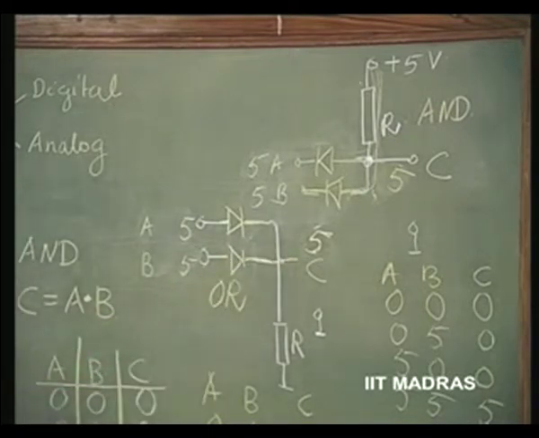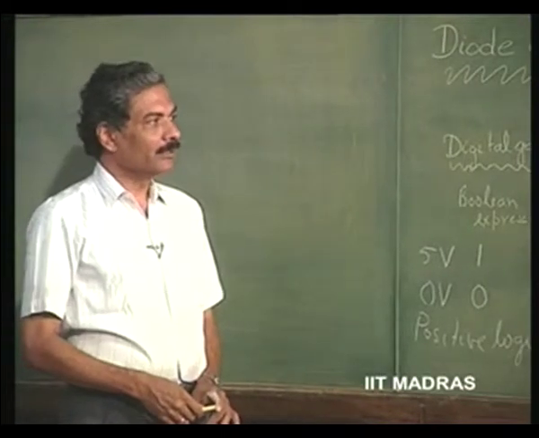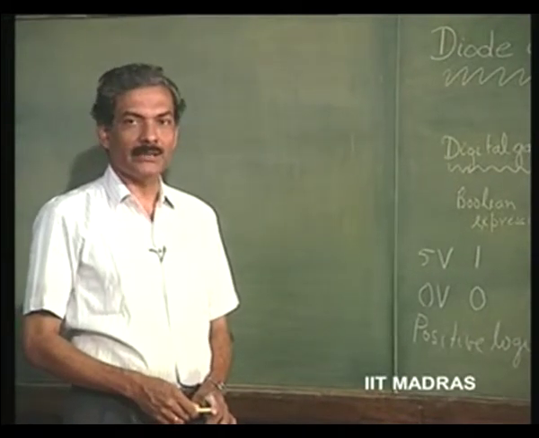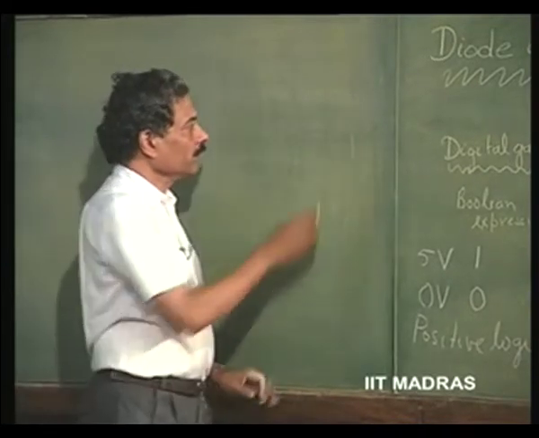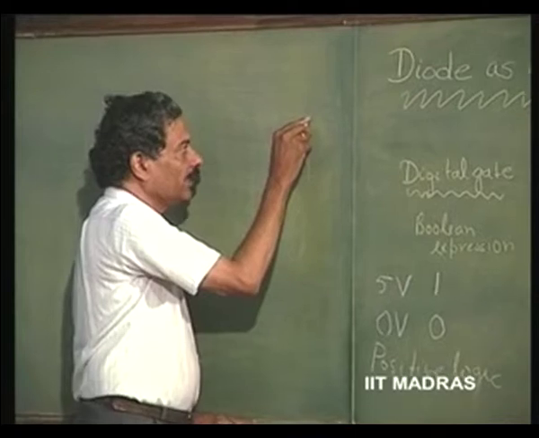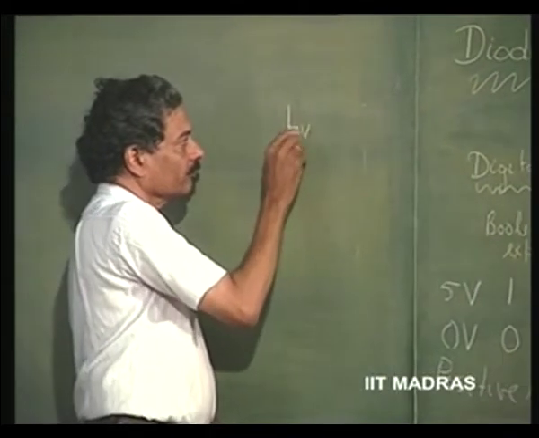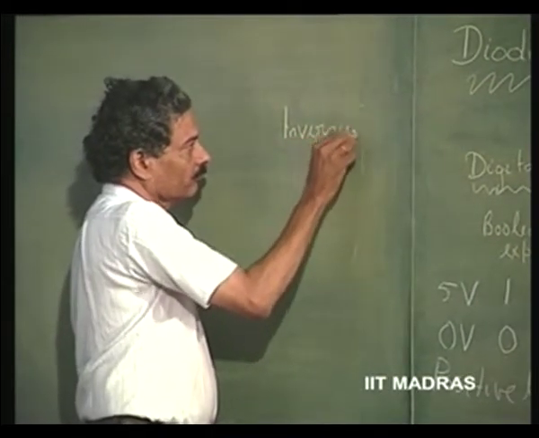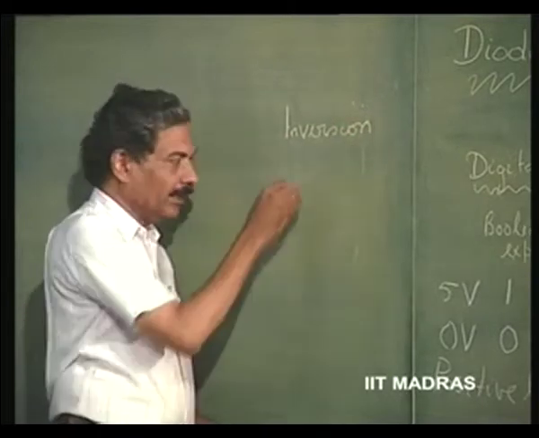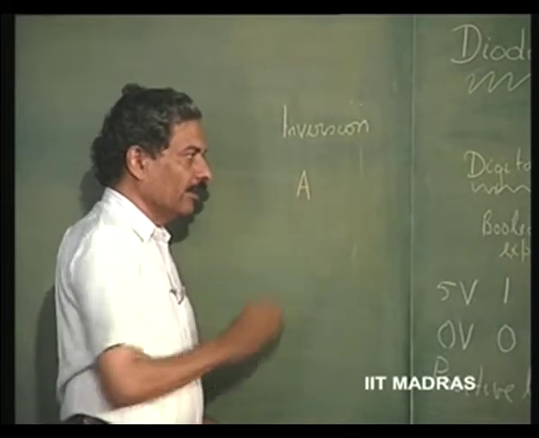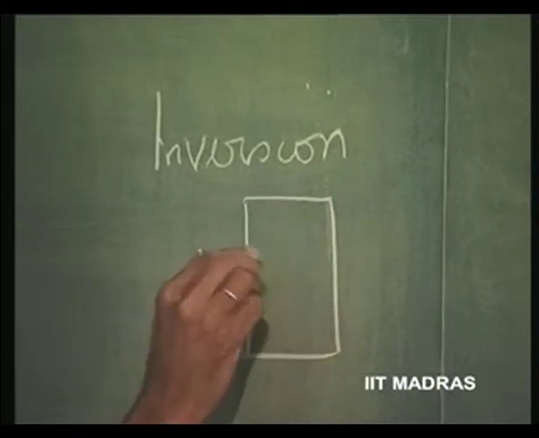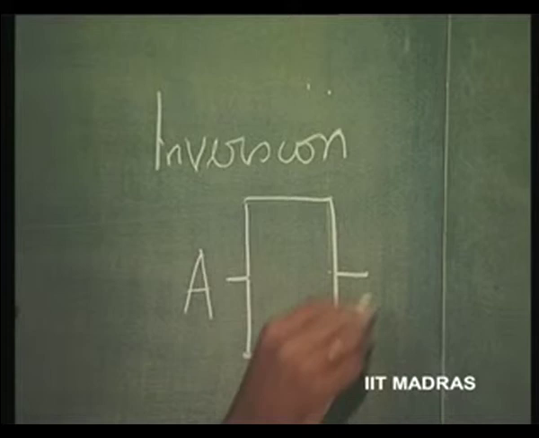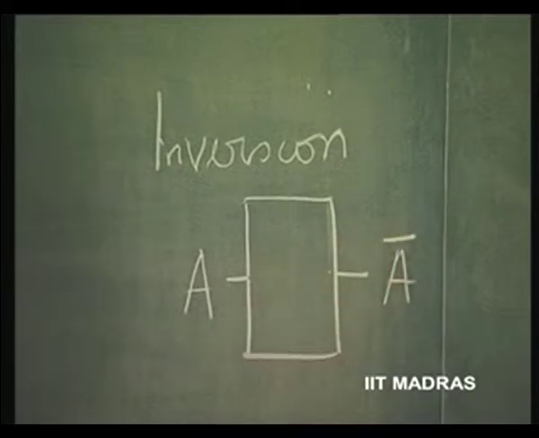One important operation is missing in this, which will complete all the necessary logic operations needed to perform any Boolean function. That is called inversion. What is that? Mathematically, A is the input. If you feed it to an inverter, output will be A bar.